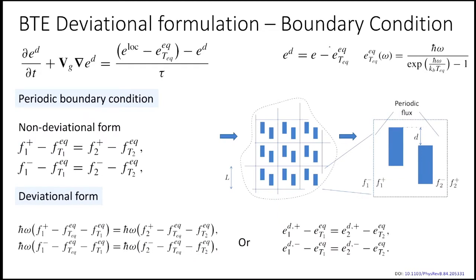Okay, so we hadn't talked about the periodic boundary condition before. So let's talk about how we are going to apply the periodic boundary. Before doing that, let's talk about where the periodic boundary condition could be useful. Let's say we have a structure made up of this type of geometry, and this geometry is repeated throughout the domain.